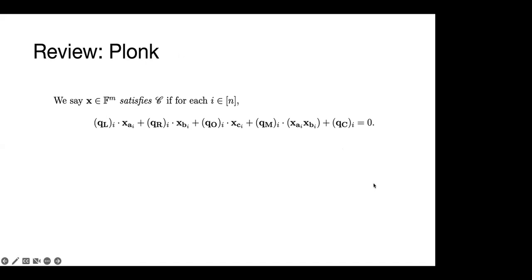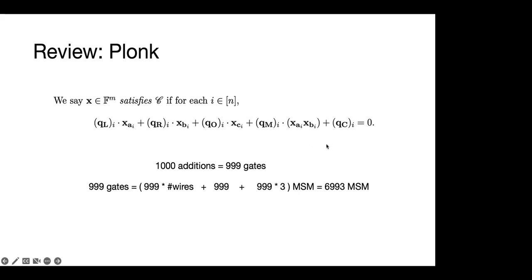But we know one limitation. We always know a limitation of Plonk when we only use a very simple equation to define that: if we want to do 1000 additions, and you only have two input wires and one output wire, as here A, B, C, then you need a lot of gates to do that. A lot of gates will translate into the actual cost when you are doing Plonk.